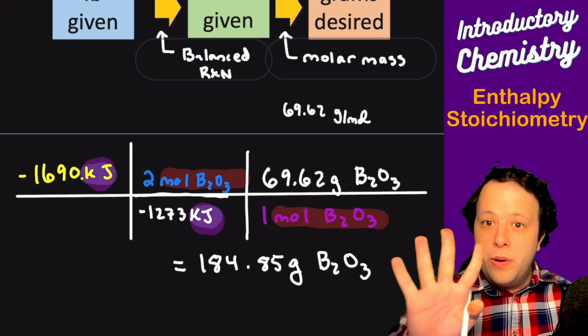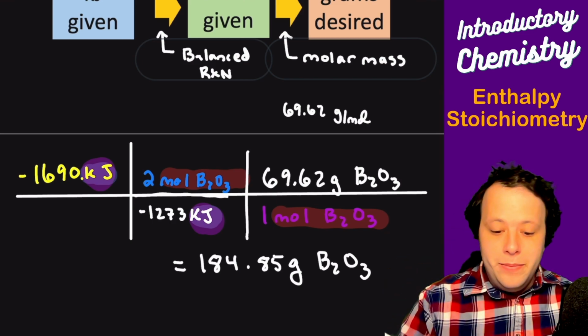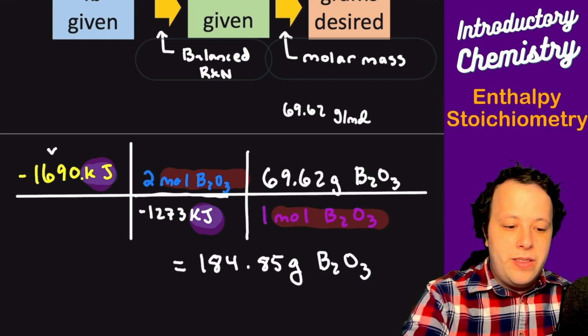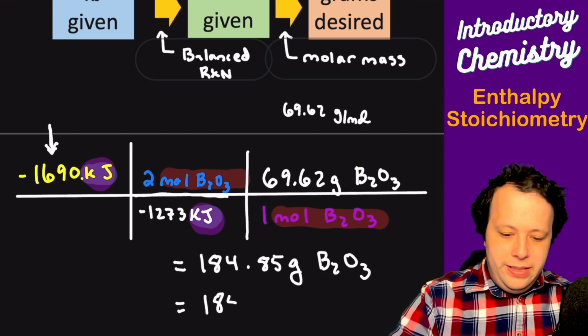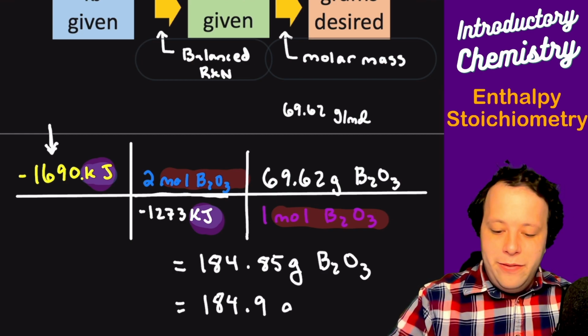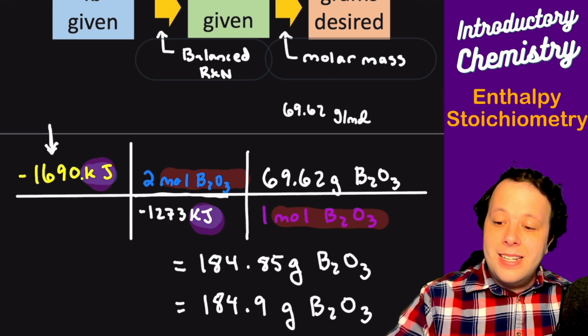We have 4 in this case. It's always based off what was given in the problem. As you can see, the number we started with over here on the left is 4. So we'll round this slightly to 184.9 grams of B2O3. And that's how you solve.